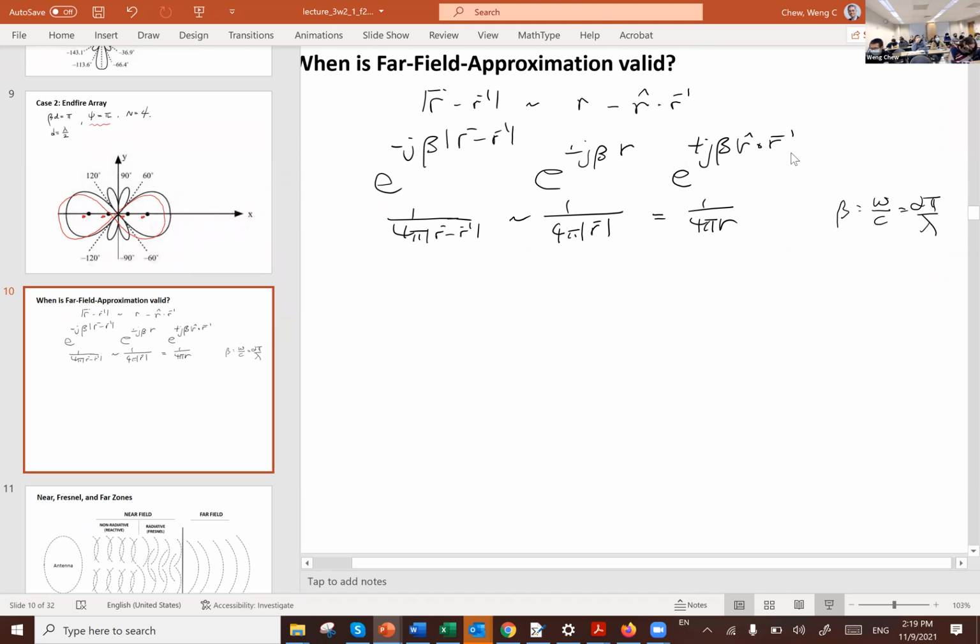So you'd better be careful and keep this unless you're convinced that you can ignore it. The moral of the lesson is to keep this term up there for accuracy. You can also prove this algebraically, because I can write this as r minus r prime dot r minus r prime, and then go through quite a bit of algebra.